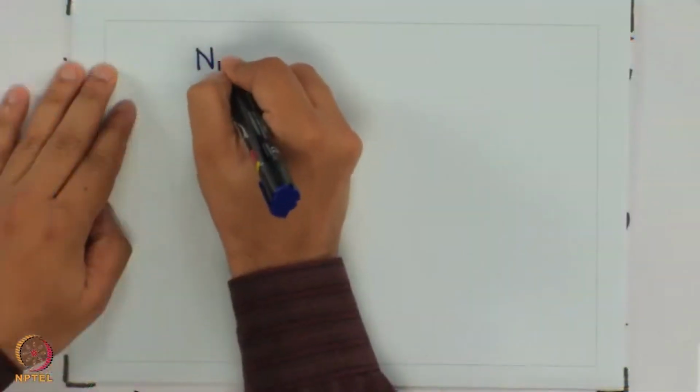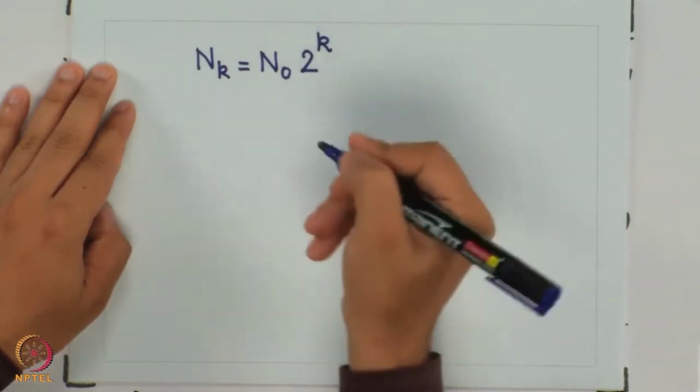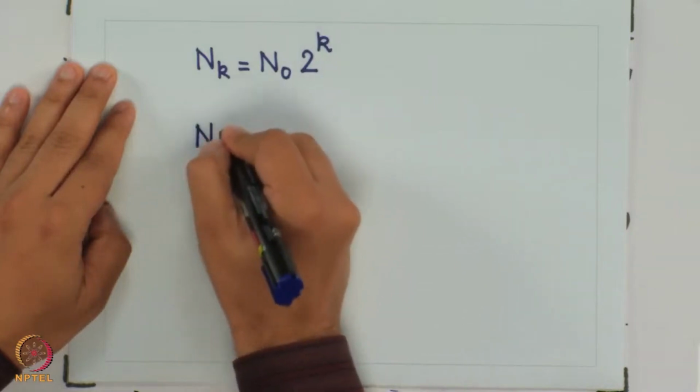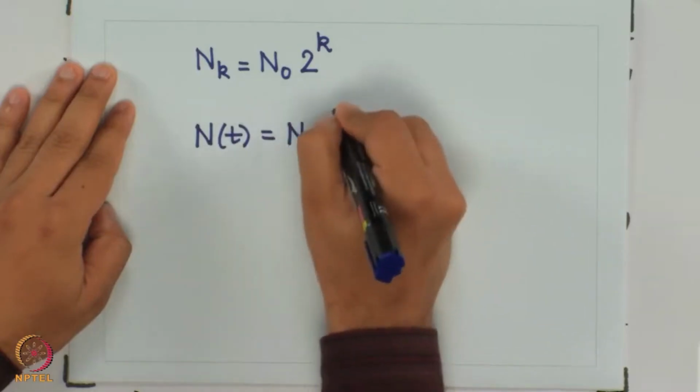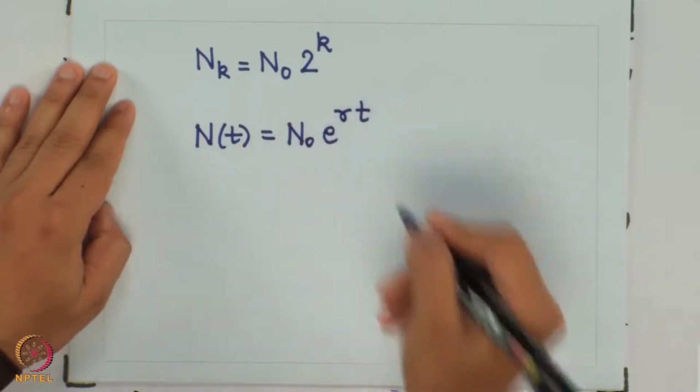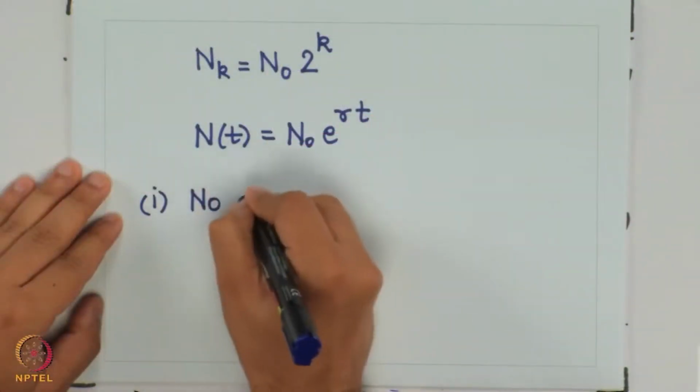In this formulation of either N after k generations is equal to N0 times 2 to the power k, where k is the number of generations, or the other formulation which said N(t) is equal to N0 times e to the power rt, where r is the growth rate and t is the time for which growth has happened, a question you should ask yourself at this point is, what are the mechanisms of growth that we have not captured in these two formulations? The first one that comes to mind is that there is no death in this model.